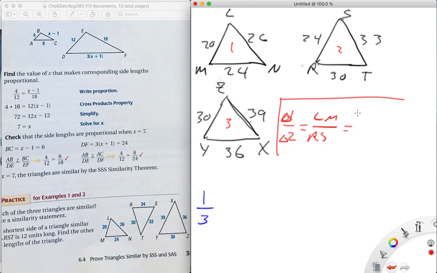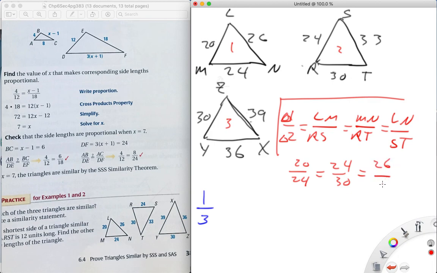Should equal, if they're similar, small, small, medium, medium, MN to RT, which should equal LN, which is the biggest side, to ST. So this would be 20 over 24, which is equal to 24 over 30, which is equal to 26 over 33.